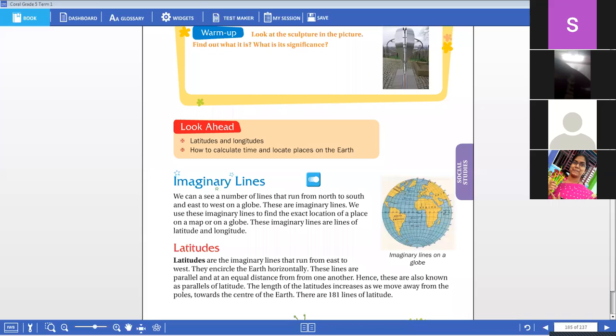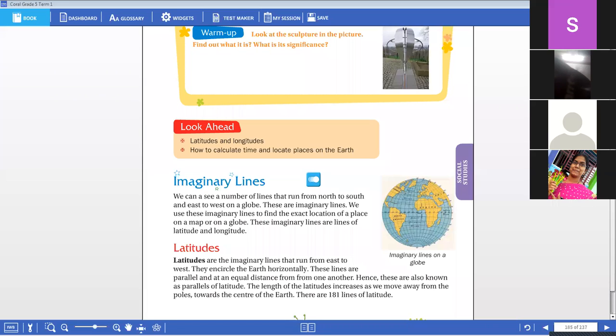You can see some readings: 0 degree, 23 degree, 10 degree, 5 degree, 3 degree, 2 degree, like that. These are all codes, children. With the help of these, it is easy for us to track or know a particular location.